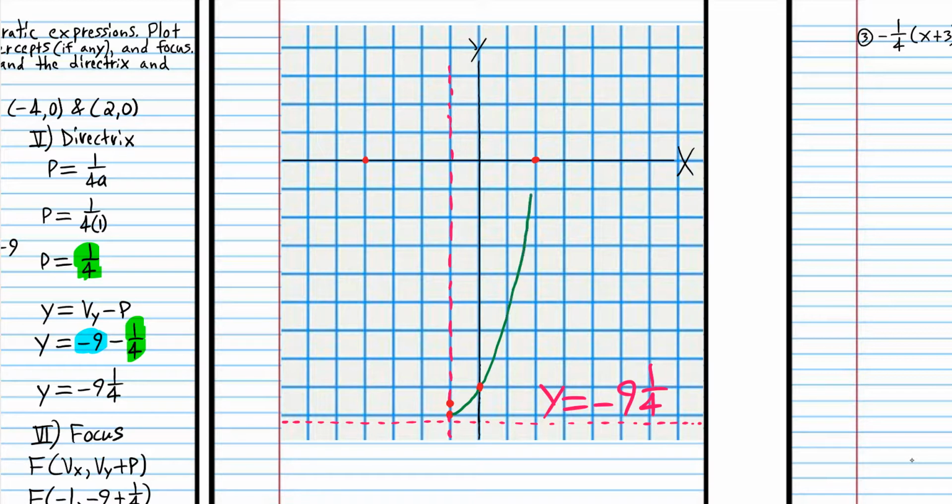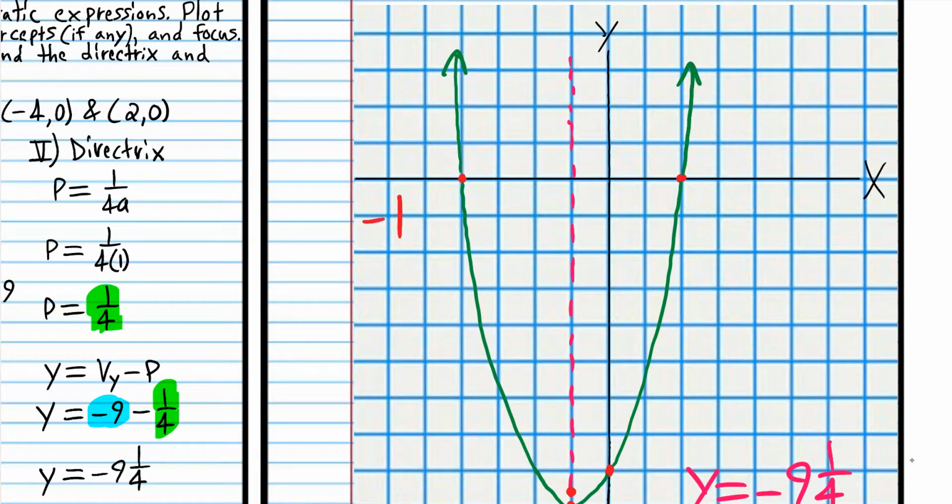And remember, this is not an art class, so your parabola doesn't have to be perfect. But it does have to look somewhat like a parabola. And try not to make it too pointed near the vertex. I have a habit of doing that. Okay, and let's see if we can label some of these points.